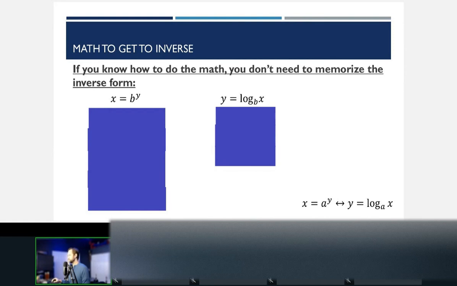All right, so let me show you that math. Again, here's the little conversion formula. When you have x equals a to the y power, the conversion to solve for y is straight to this. So you get y equals log base a of x. When I say log base a of x, this is not this piece times x. This is the entire number. It's like saying sine of x or cosine of x or tangent of x.